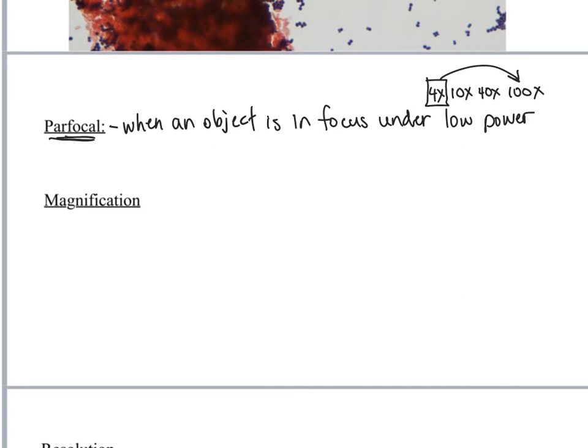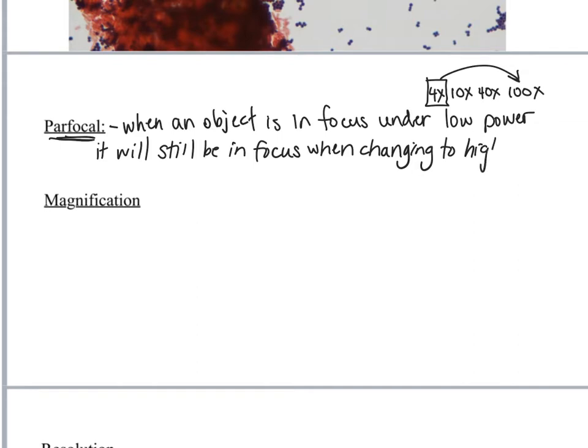When an object is in focus under low power, it will still be in focus when changing to high. In theory, these scopes are parfocal. This probably gives students the biggest trouble when they're trying to find their cells, but this does dictate how we're going to find our cells.